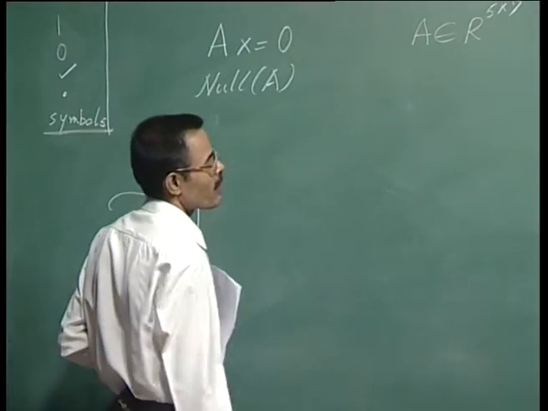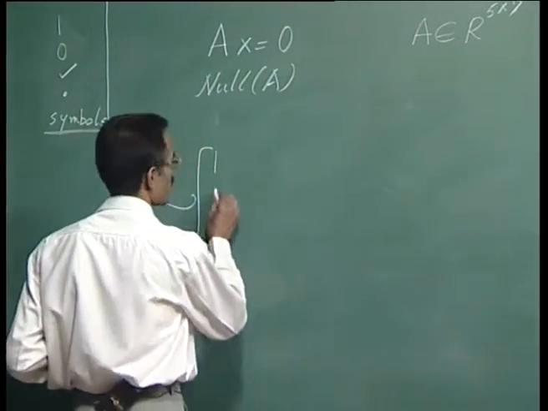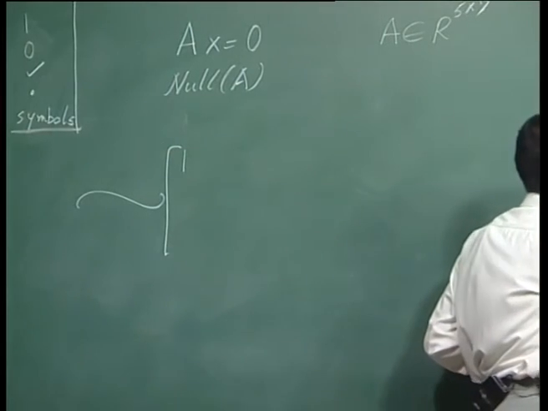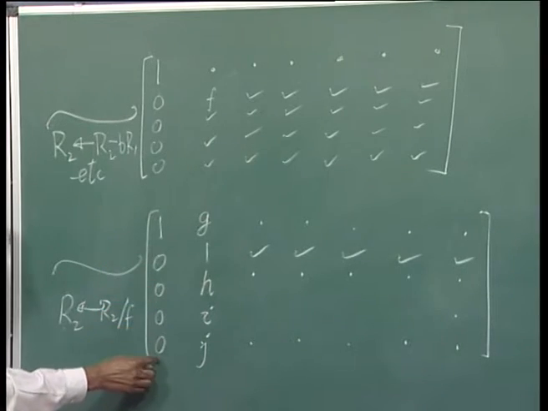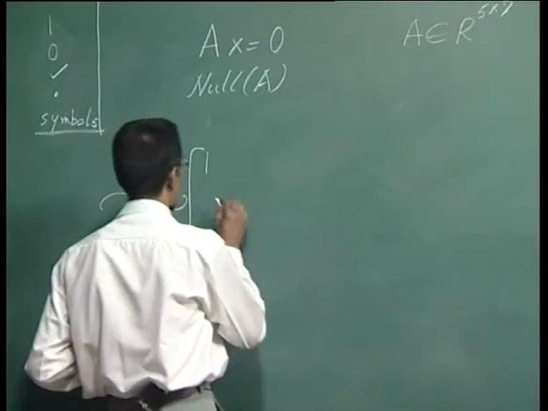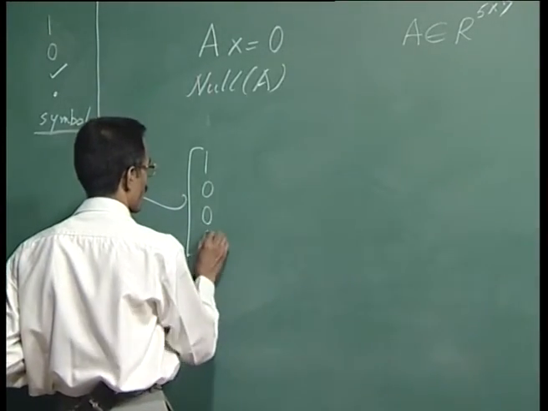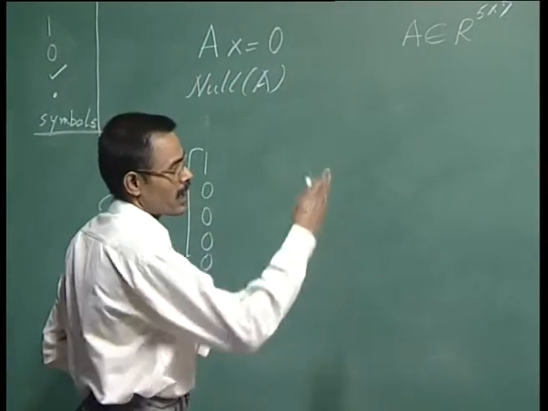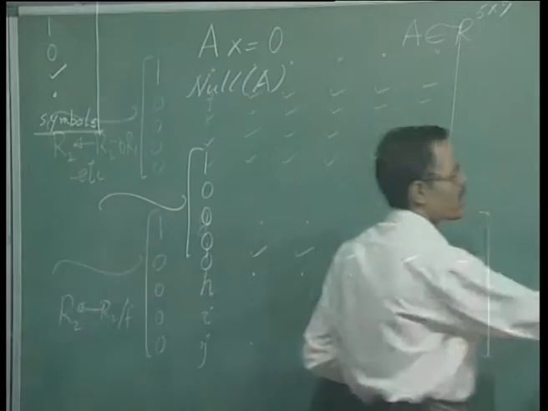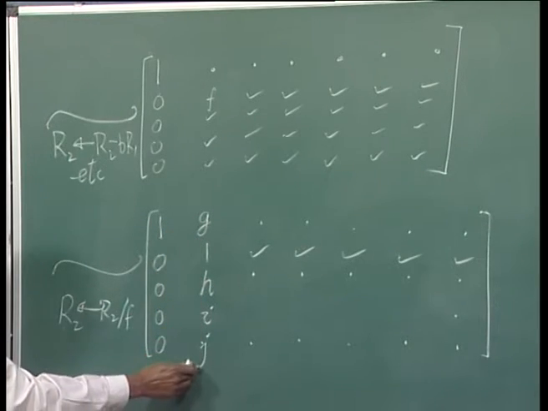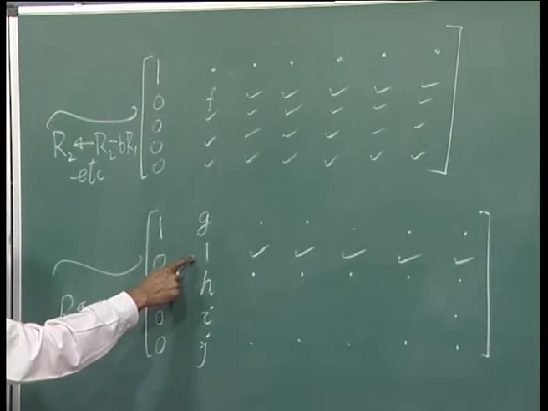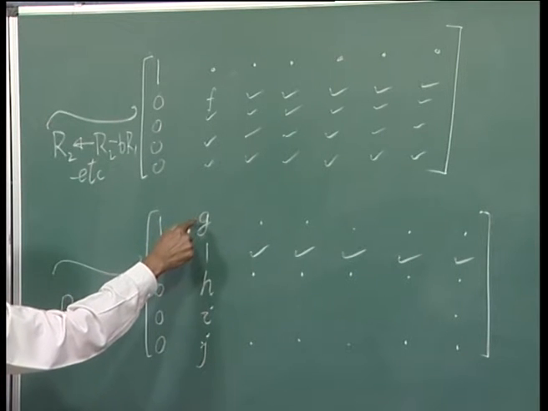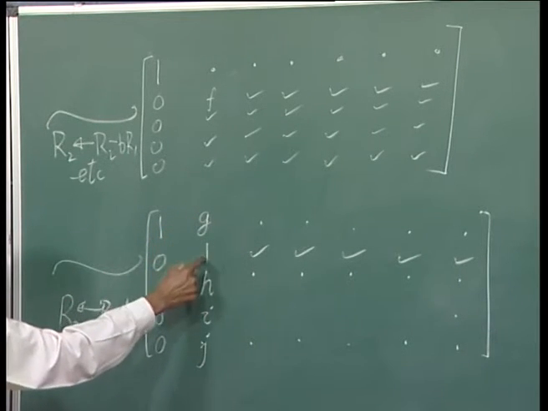In the first column, there will be no change, because this 0 will fail to make any changes here. That has been part of the strategy, right. In the first column, these entries will become 0 by R2 equal to R2 minus R1, R1 minus G into R2 and so on.